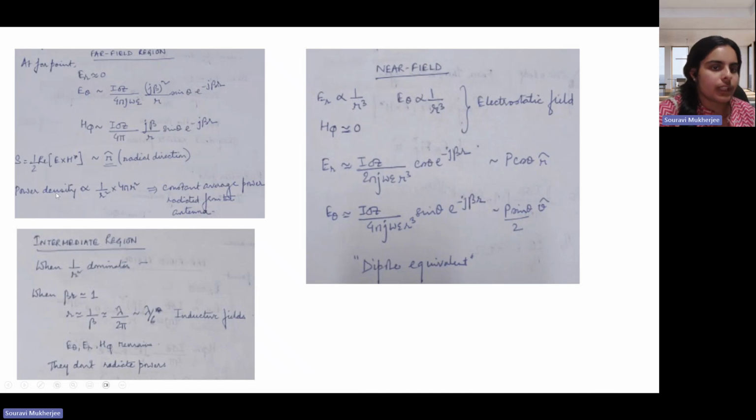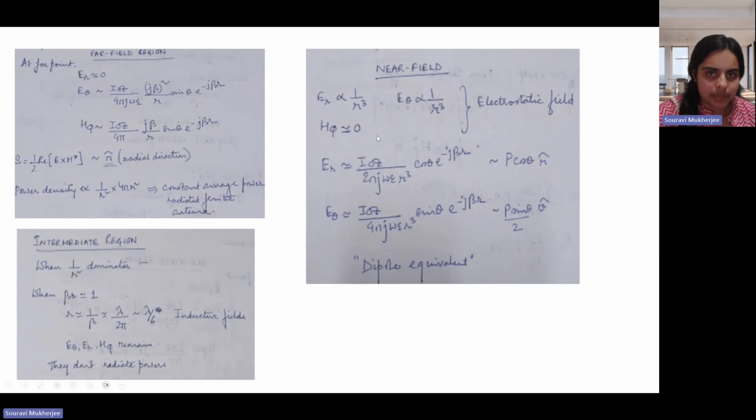And now if you have to find how the power is changing, you have to multiply by the surface area, right? If you do that, then it's 1 by r square into 4 pi r square. So the r square gets cancelled. What you then get is a constant average power that gets radiated from the antenna. So far from the antenna, this is how your power distribution looks. It's a constant average power that you get.